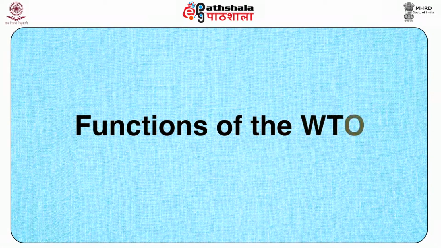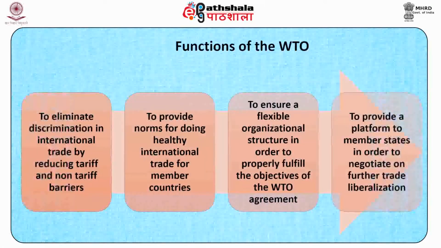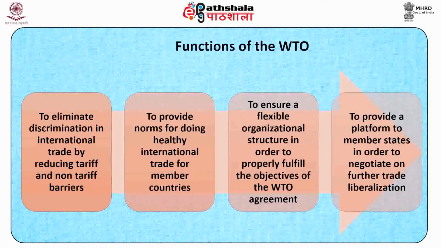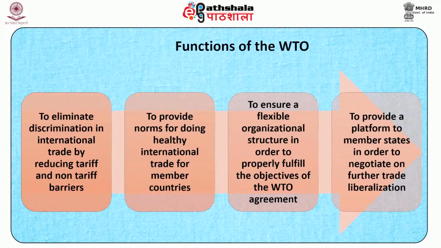Functions of the WTO. The major functions of the WTO as mentioned in Article 3 of the WTO are as follows. To eliminate discrimination in international trade by reducing tariff and non-tariff barriers.